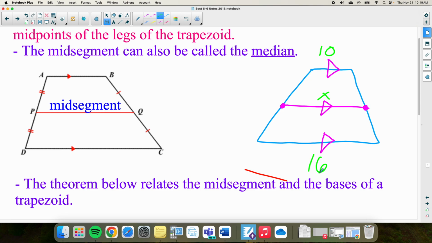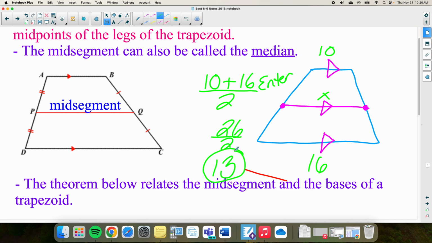So you would add the two together, 10 plus 16, and then divide that whole thing by 2. The one thing you have to be careful of if you're putting that in your calculator, if you're adding these two together, you have to hit enter before you divide by 2. So it would be 26 divided by 2, which is 13.